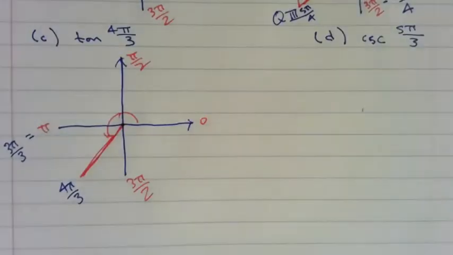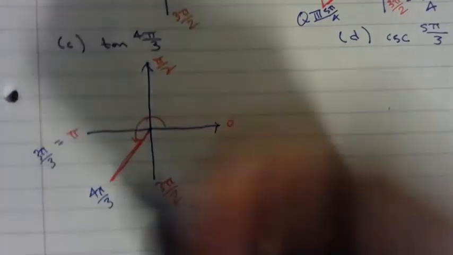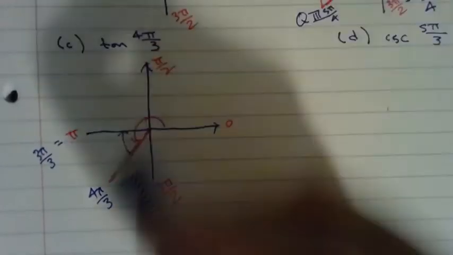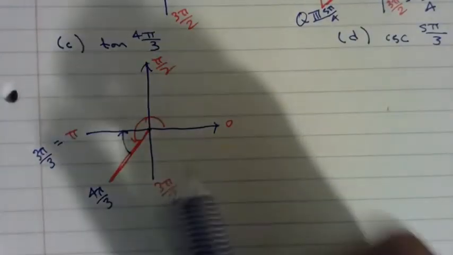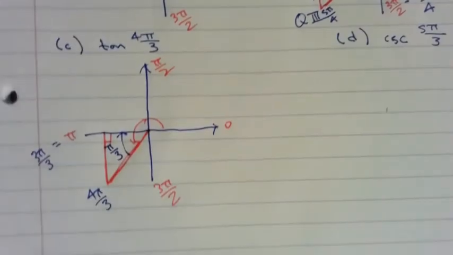Okay. Now again, take a look at this. For you to find your triangle, you need to find your reference angle. So how much did it take for me to get from here to here? It took you pi over 3, right? So now we could go ahead and just make this triangle right here. And again, your hypotenuse is 1.